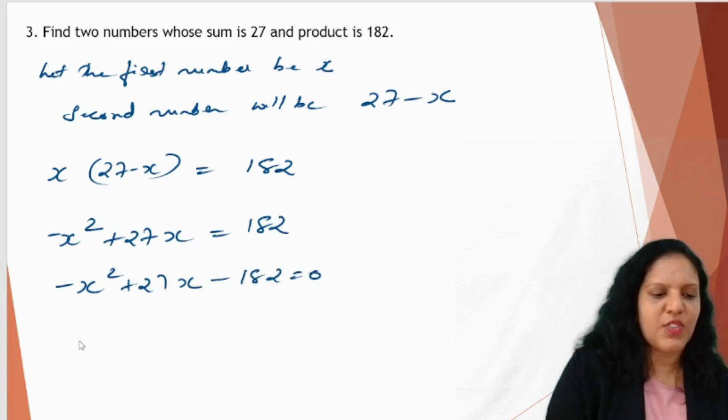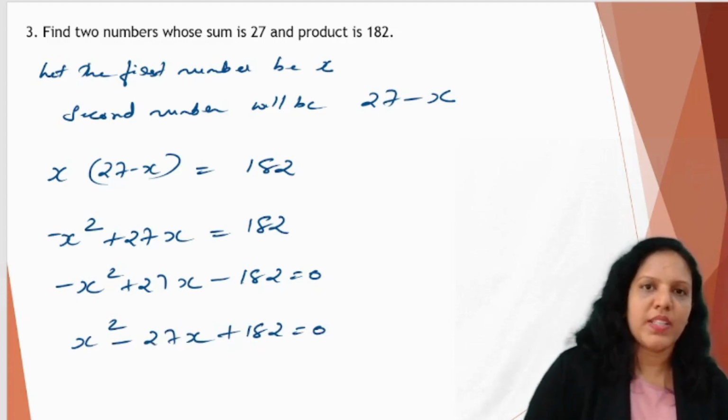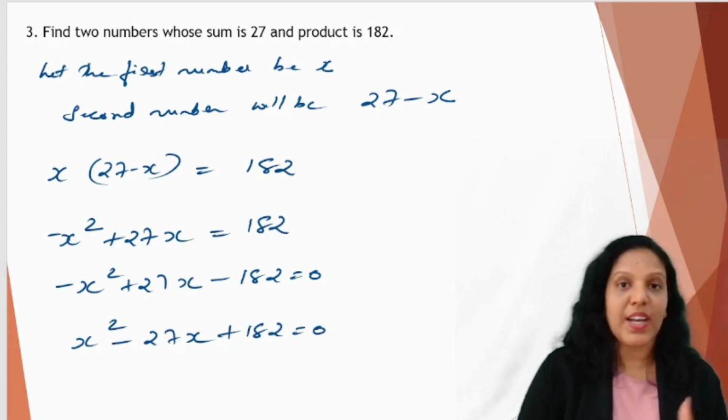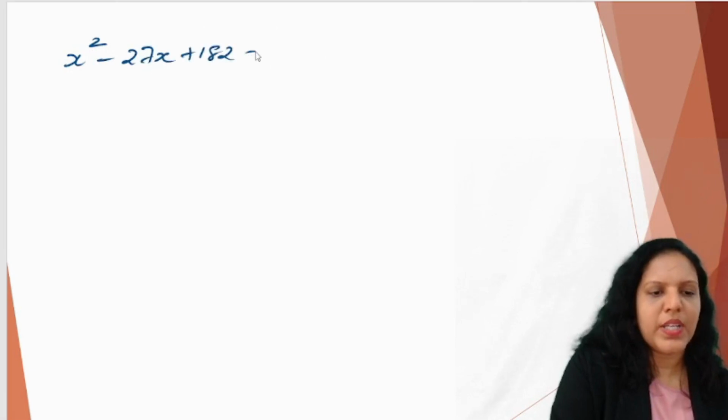We can change the sign, so that will be x squared minus 27x plus 182 equals 0. So we formed the quadratic equation. Now let's factorize this by splitting the middle term.